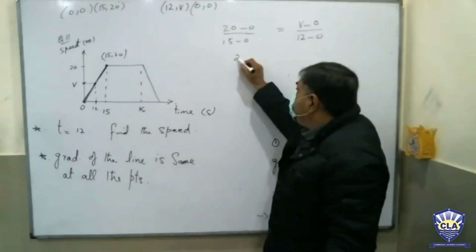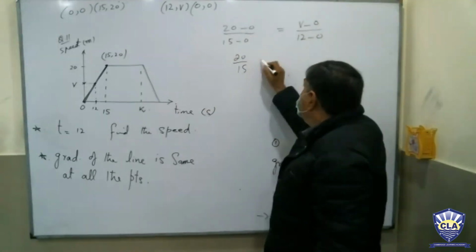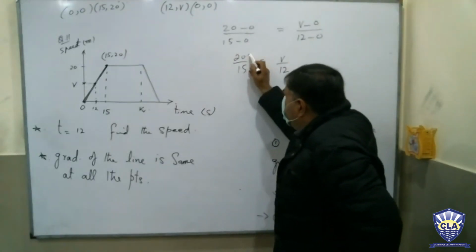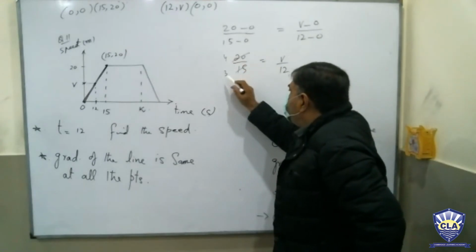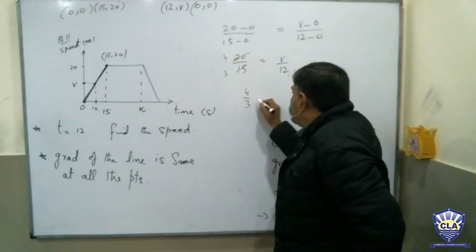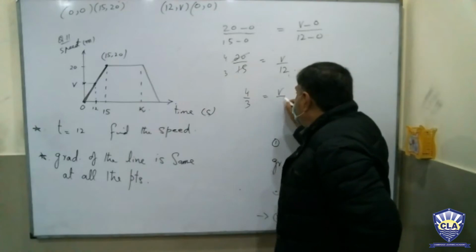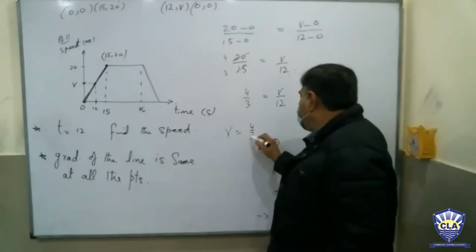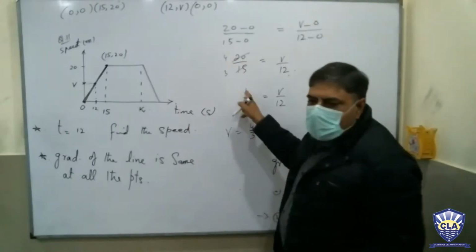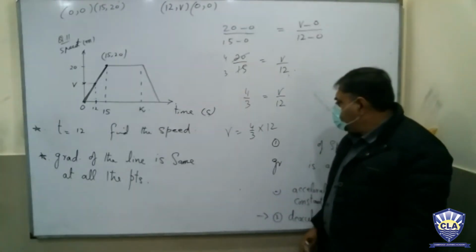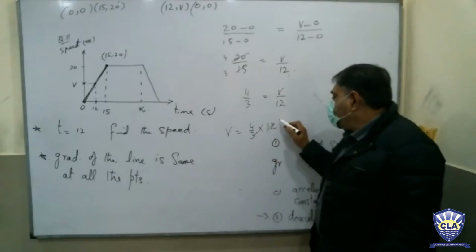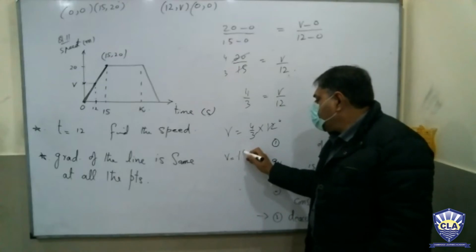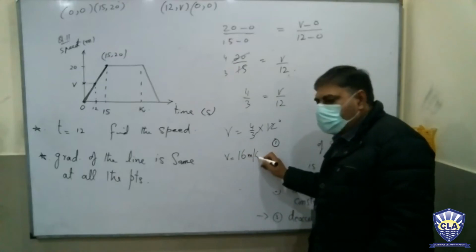So 20 over 15 equals v over 12. 5 fours are 20, 5 threes are 15, so 4 over 3 equals v over 12. So v equals 4 over 3 multiplied by 12. 4 fours are 16. The speed is 16 meters per second.